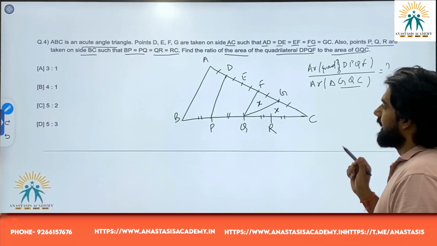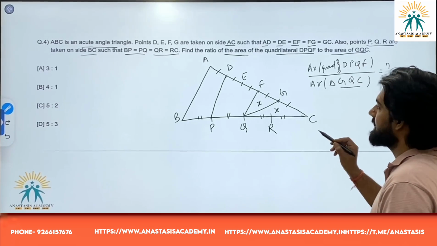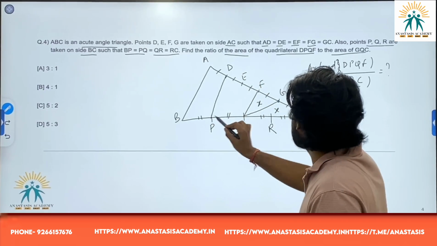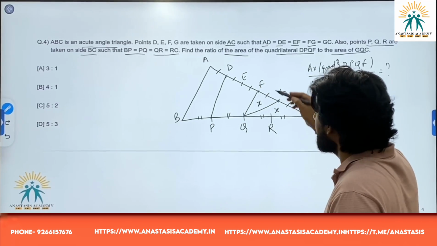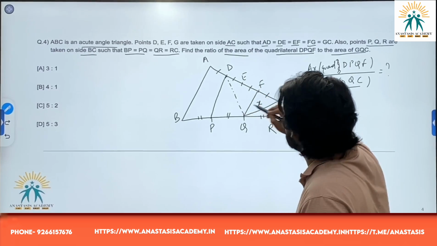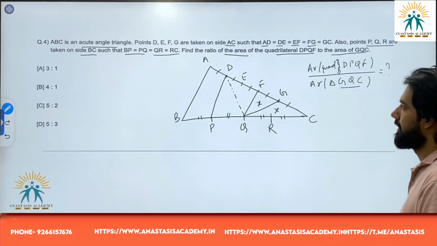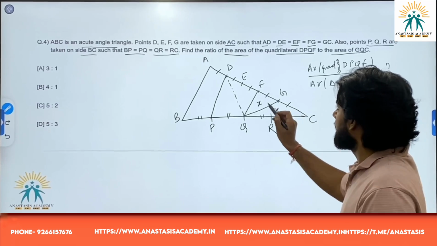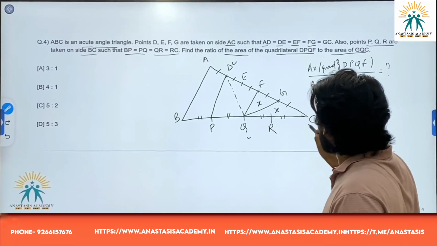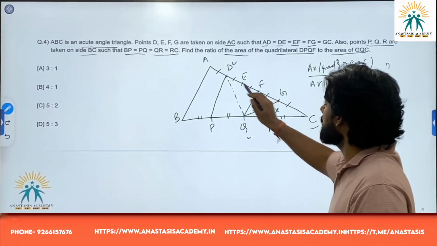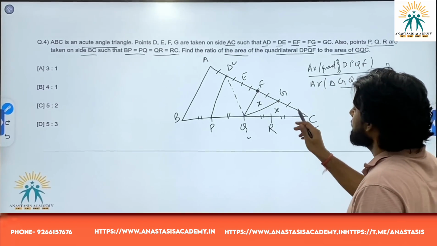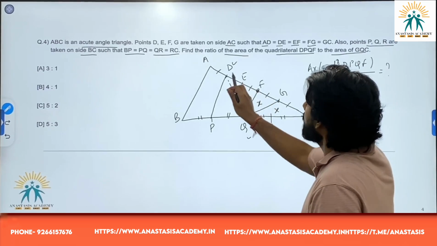Now, let's just take this triangle DQC, and just join this line DQ. In this triangle DQC, this F is the midpoint because FC is equal to FD.